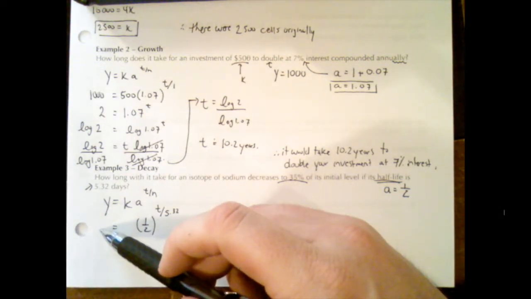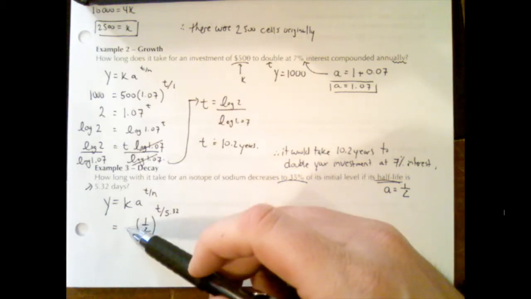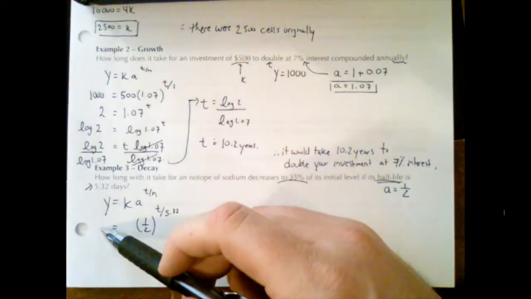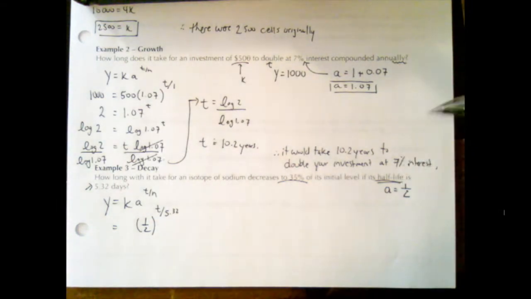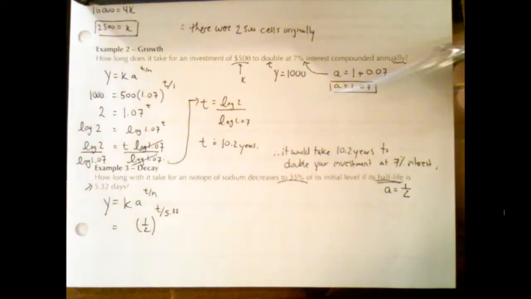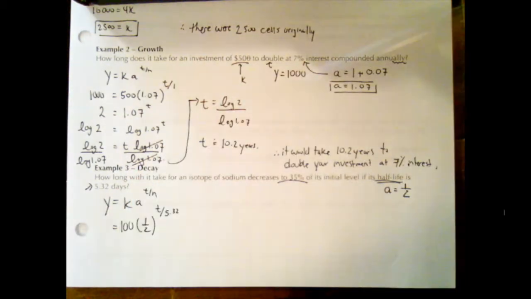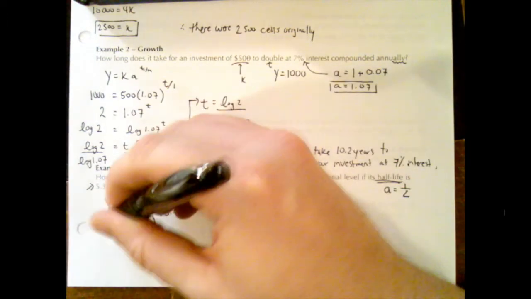You could start with an initial amount of, say, 1 gram of sodium and then have 0.35 grams of sodium in the future as our final value. It's up to you what you use. I think it's easiest just to use 100 and 35 for argument's sake, but you'll see it simplifies down to the same thing anyway. So let's call our initial amount 100, as 100%, and our final amount 35.